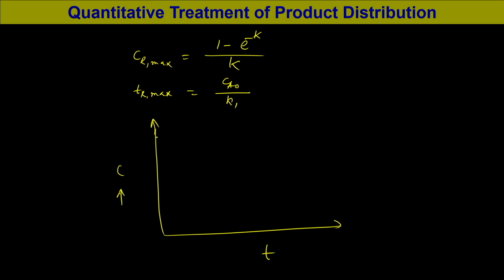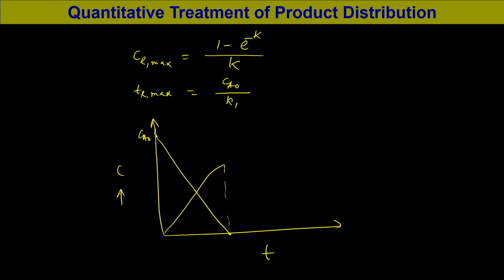The concentration of A, that is CA0, falls sharply to a zero value, where at this time the concentration of R would be maximum.